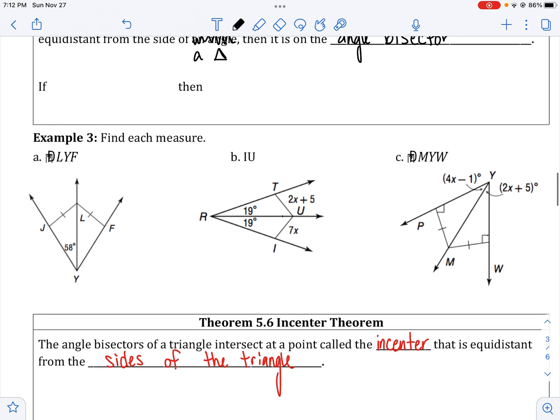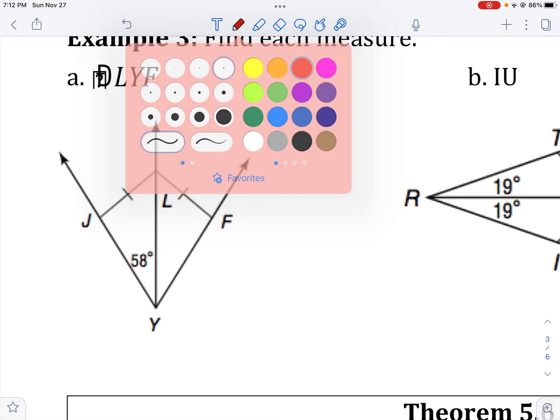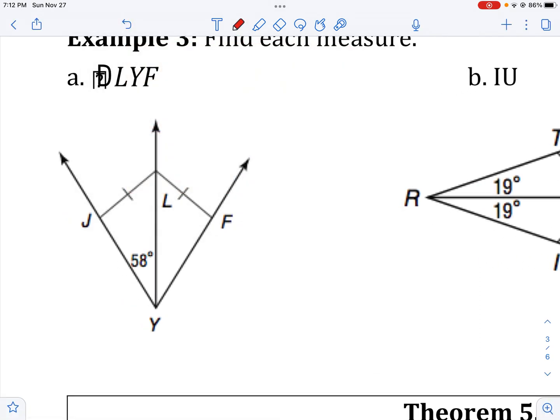I've got some angle bisectors. So this angle bisector here, YL, is cutting the angle JYF, angle JIF for all you peanut butter fans, or FYJ. It's being bisected.